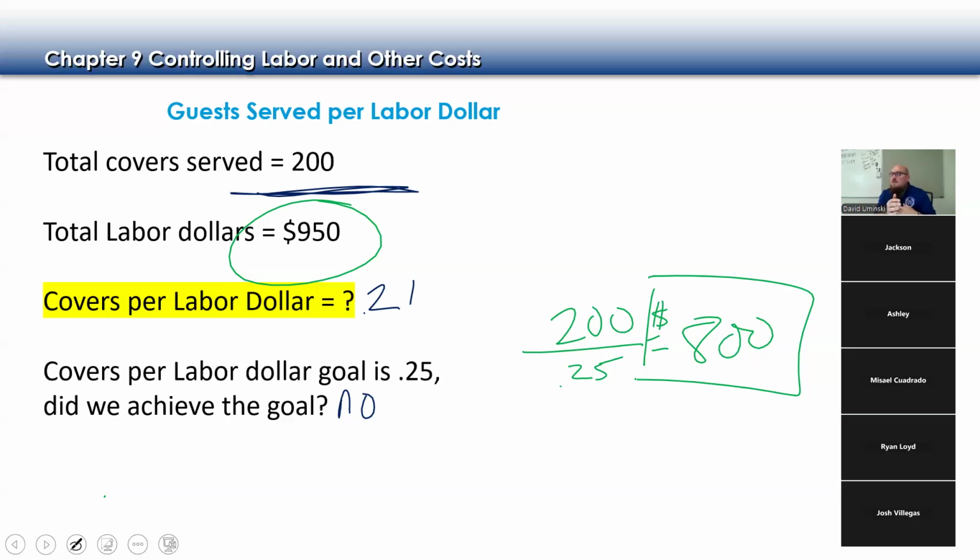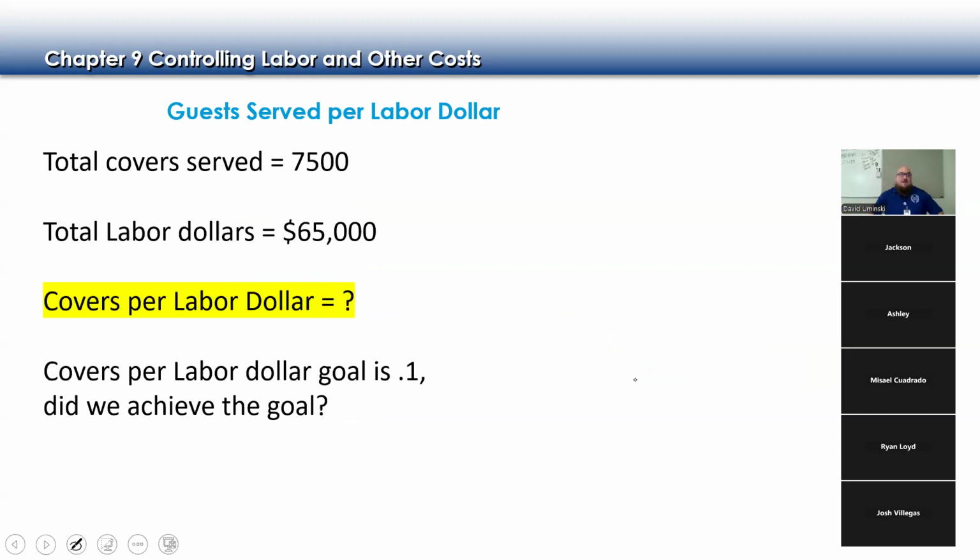I need more servers to be on the floor. Now, if my sales are down and my labor is up, that's a bad thing because that means I didn't bring in enough money to justify having higher expenses in labor. So as a manager, oftentimes you have to analyze a report and be able to justify, okay, yes, I know my expenses are higher, but my expenses were up by 5%, but my sales were up by 10%. So that means it justifies having more expenses.